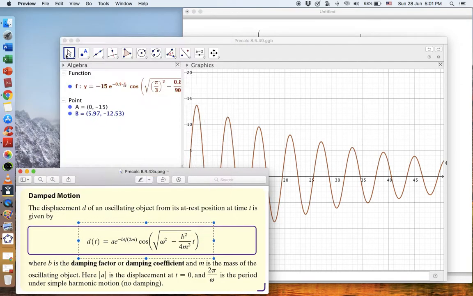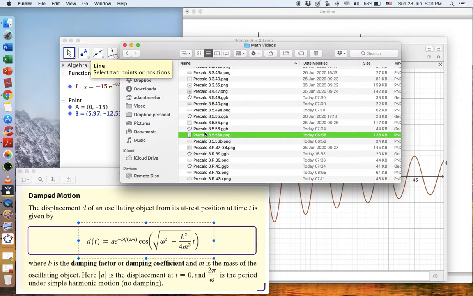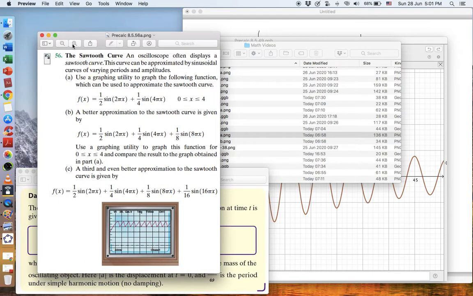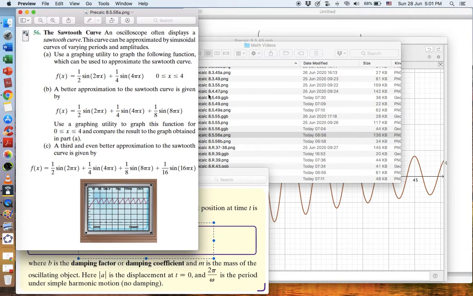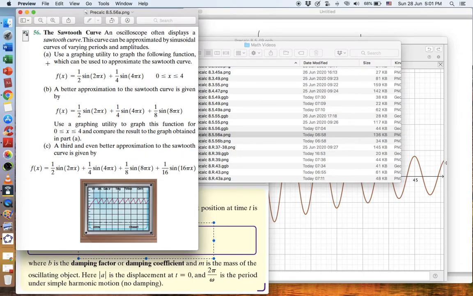Going on to the sawtooth problem. An oscilloscope displays a sawtooth curve. This can be approximated by sinusoidal curves of varying periods and amplitudes. And so we've got a series or a sequence of sine waves here. We've got 1 over 2 to the first power times sine of 2 to the first power pi x plus 1 over 2 squared times sine of 2 squared pi x.